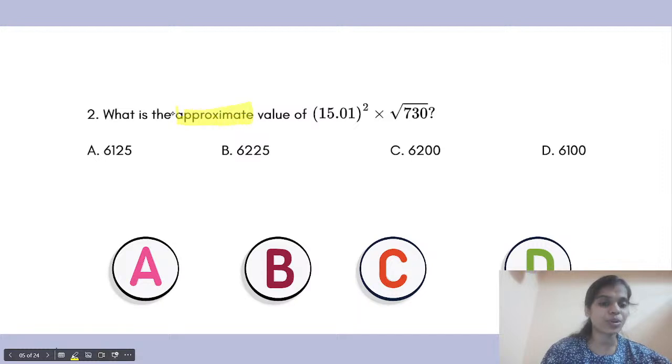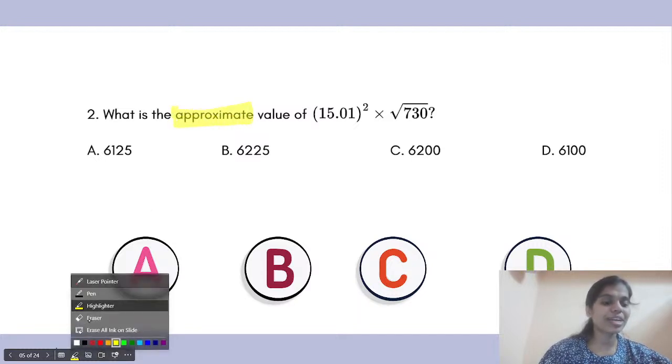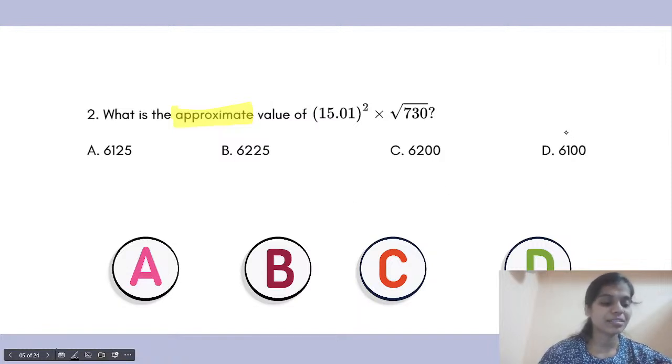What is meant by the word approximate? Approximate is nothing but the nearest value, right? So, I need to find the nearest value of 15.01 the whole square times square root of 730.